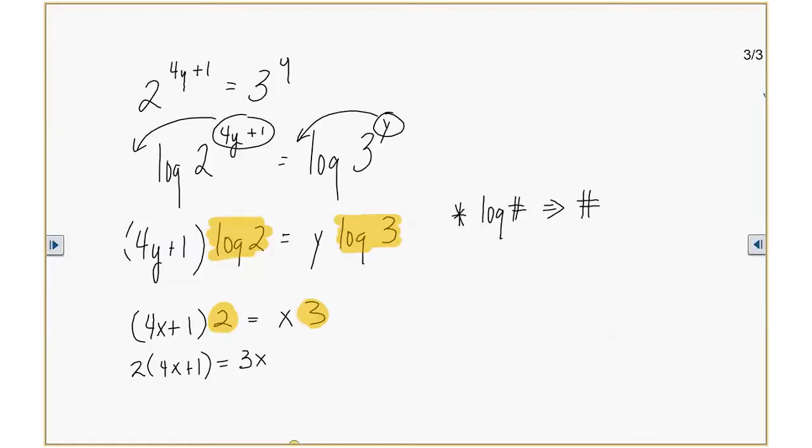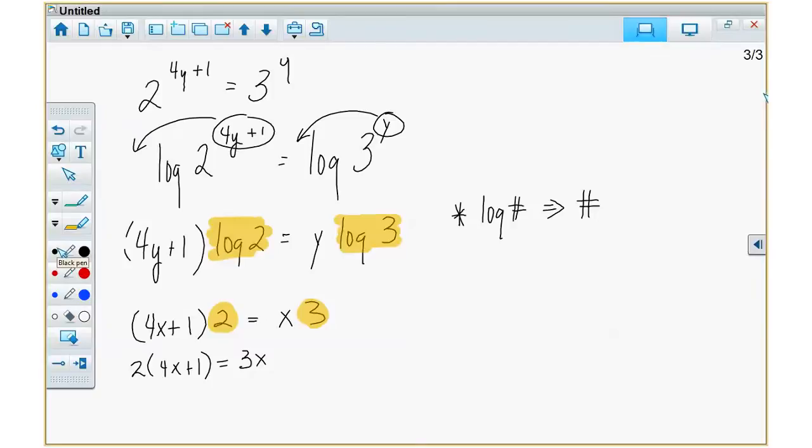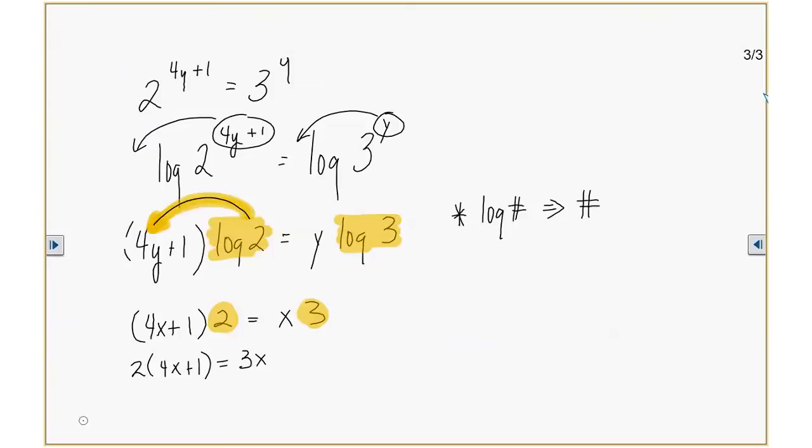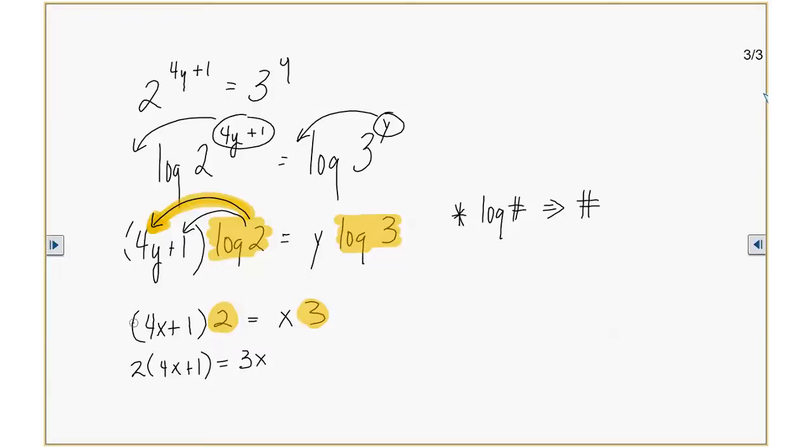Or, if you want to treat it like a number, then you do what with this? What do we do with that? Distribute.